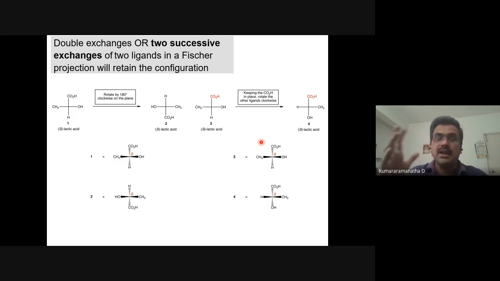You might have read it from a book, but now we are just making it more simplified by keeping some set of rules. So please understand and practice all the time, especially stereochemistry.